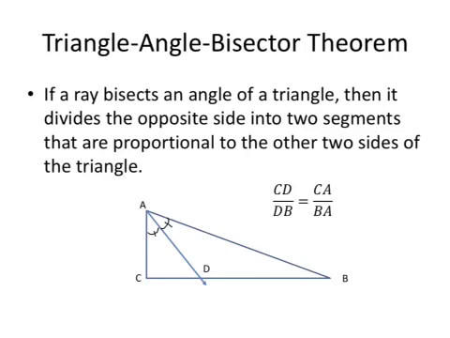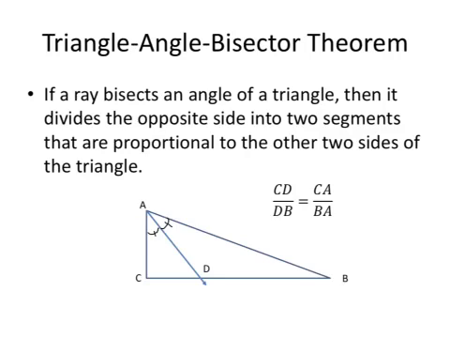Okay? So this kind of follows because, if AB or BA is really long, then obviously that's going to impact a lot of how this relationship works. So we're saying that not only does the angle bisector bisect this angle, but there's also a relationship between the side that it intersects and the sides that created this angle bisector.